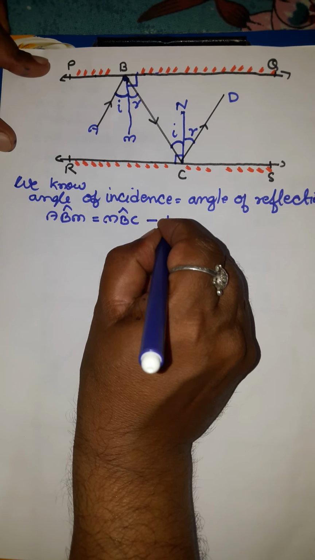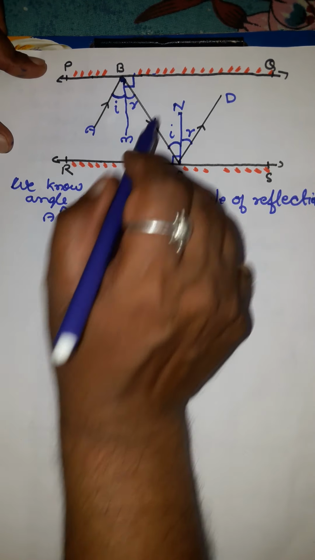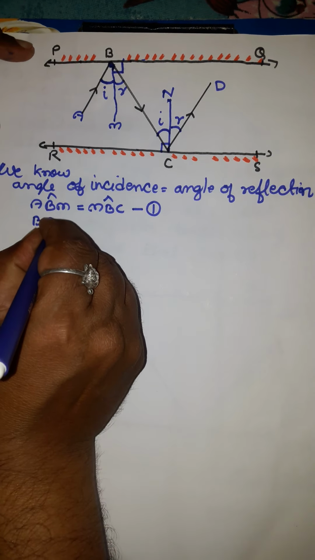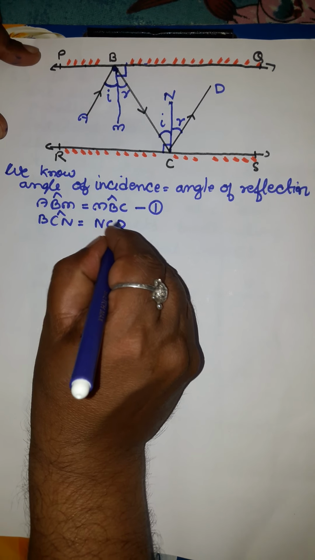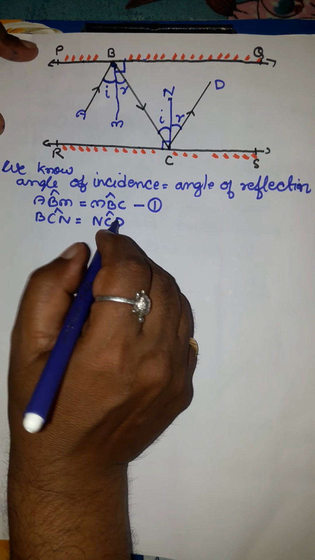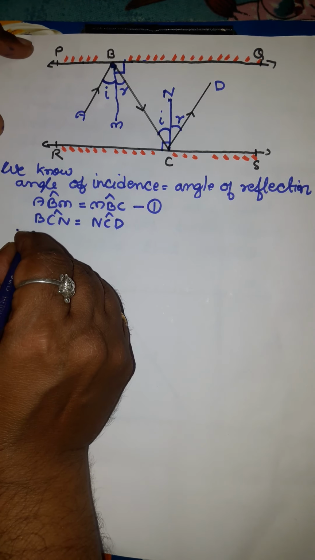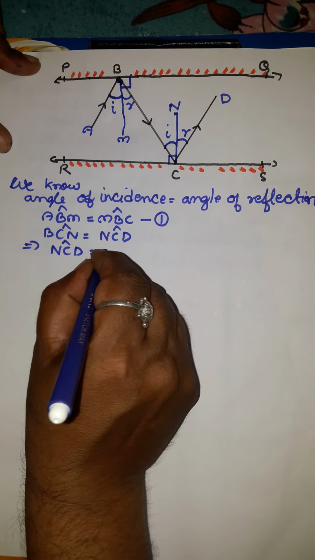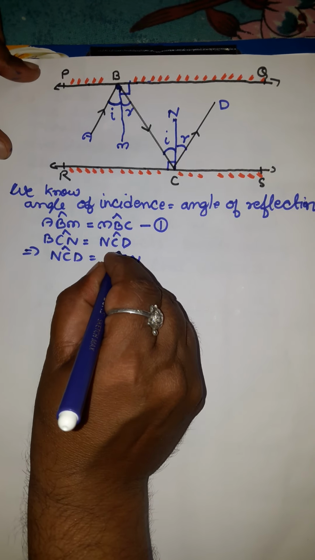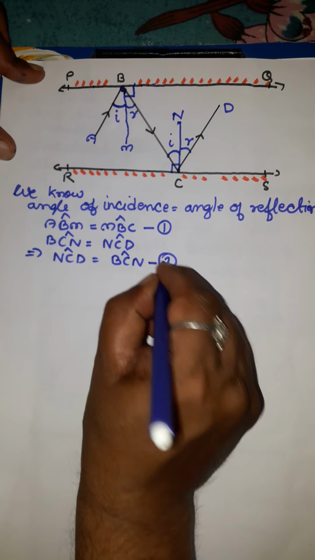I call this equation 1. Again angle BCN is equal to angle NCD. So I will laterally invert this equation. I will write this implies angle NCD is equal to angle BCN. Call this equation 2.